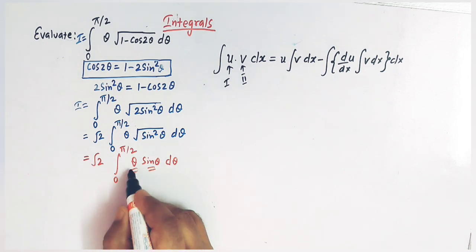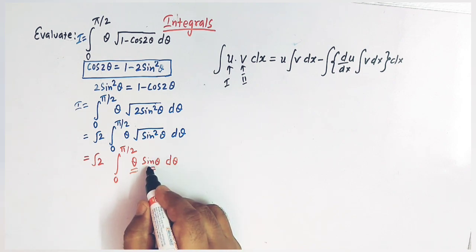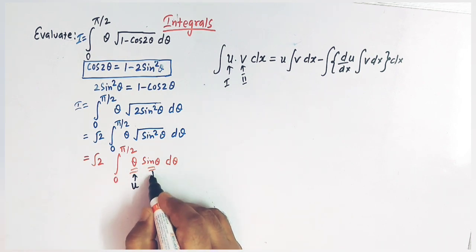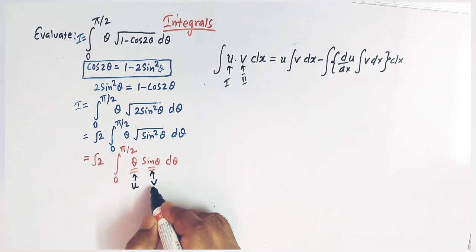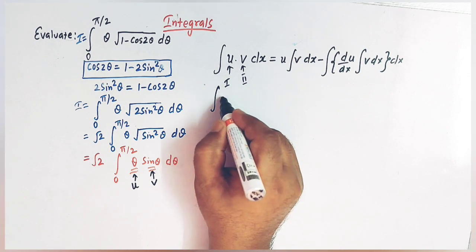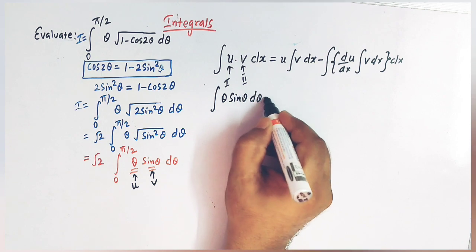So here theta is a polynomial function, and sine theta is a trigonometric function. So our choice is we'll take theta as the first function u, and sine theta as the second function v. Let us first calculate the indefinite integral of theta sine theta d theta, right?